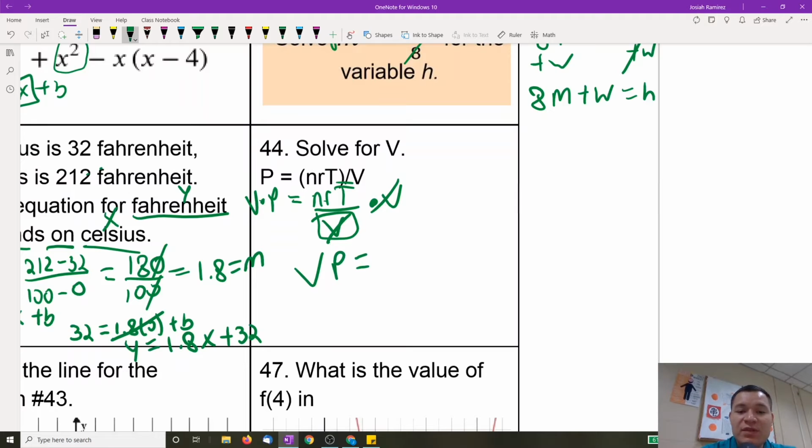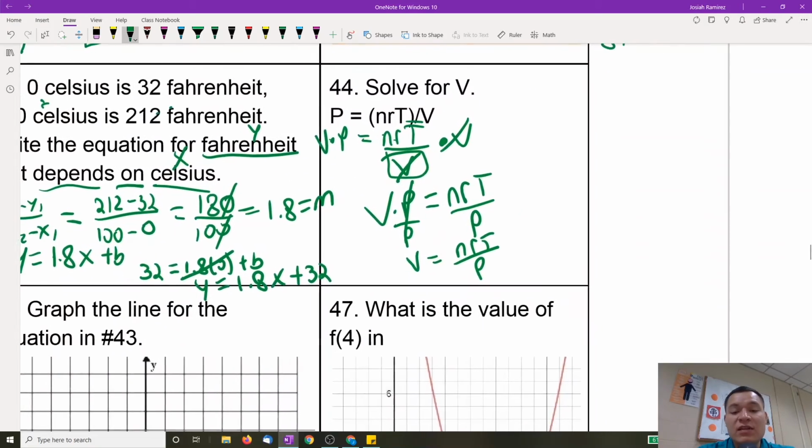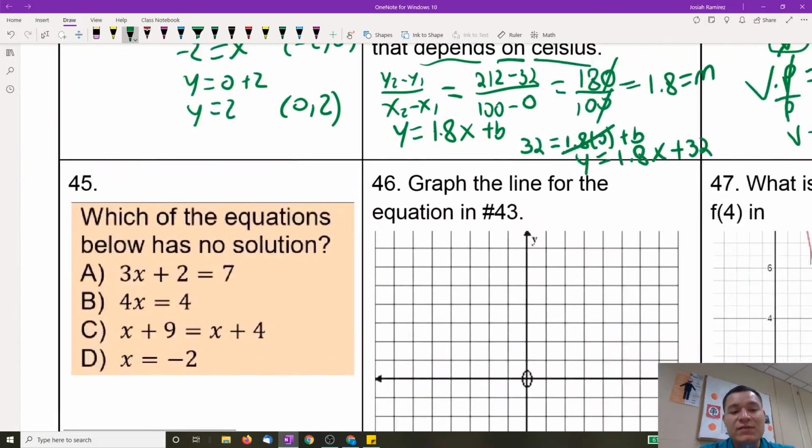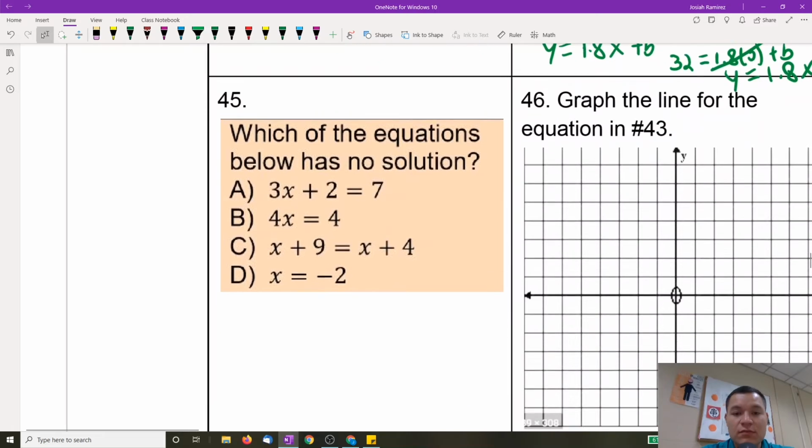That makes vp equals nRT. We don't need p to disappear, we just need it to move. So we're going to move p by dividing by p. That leaves v equals nRT divided by p. And you'll see that formula again in a couple years, and you'll know what it means.